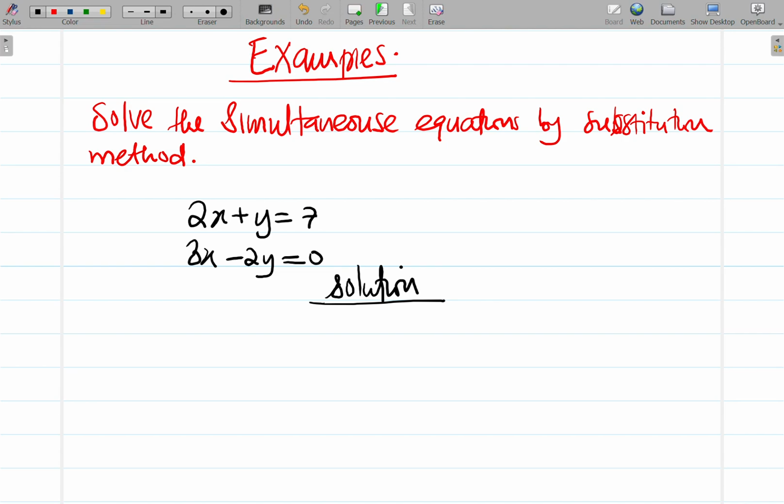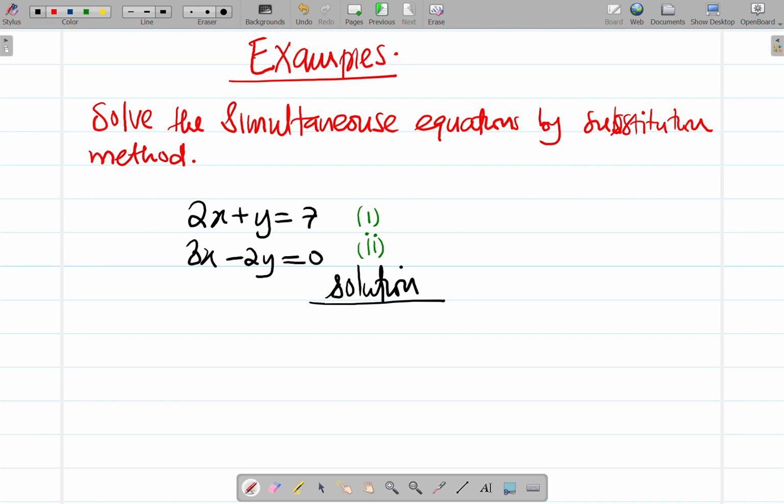Let's call this equation 1, and this equation 2. Check equation 1. Equation 1 has got a single y. Can you see that? Just y. So we are going to make this y the subject of the formula.